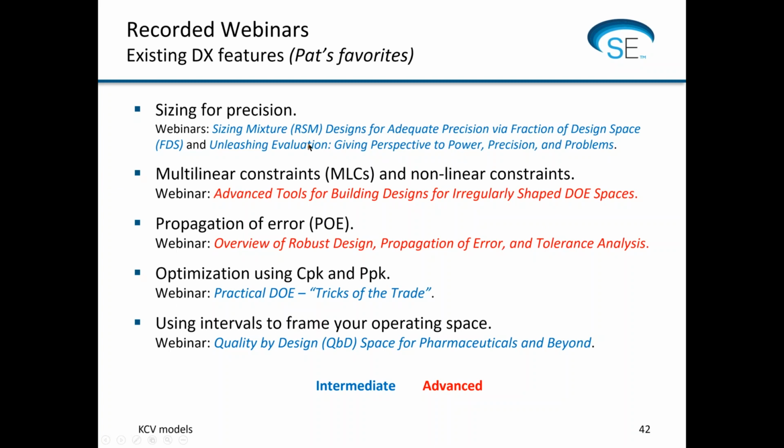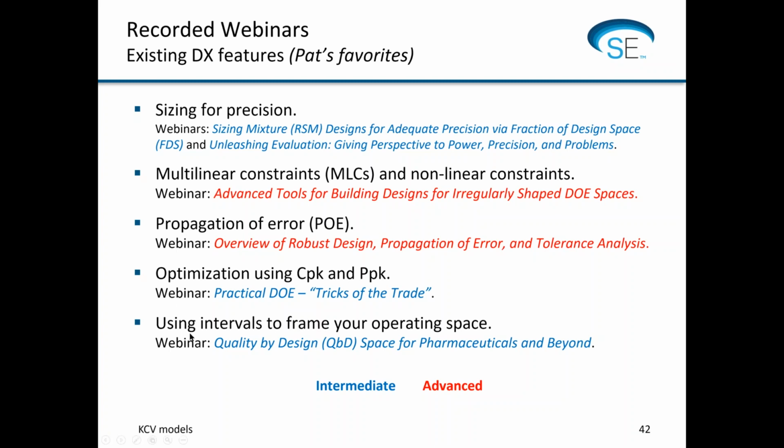The webinars that I listed in blue are what we consider intermediate. The webinars that I listed in red are what we considered advanced. The webinar I just did is an intermediate webinar. Dealing with multilinear constraints and nonlinear constraints, we have a webinar on that. Propagation of error, we have a webinar on that. Practical tricks of the trade, so that includes using CPK and PPK for optimizing, along with a lot of other useful tricks.